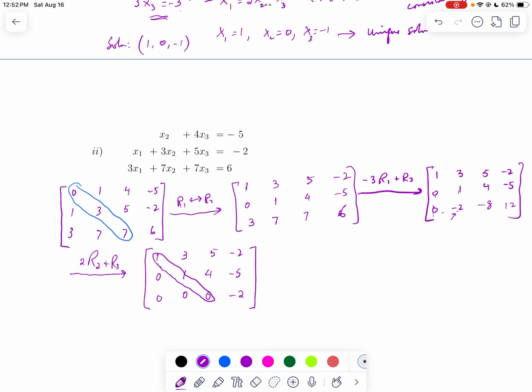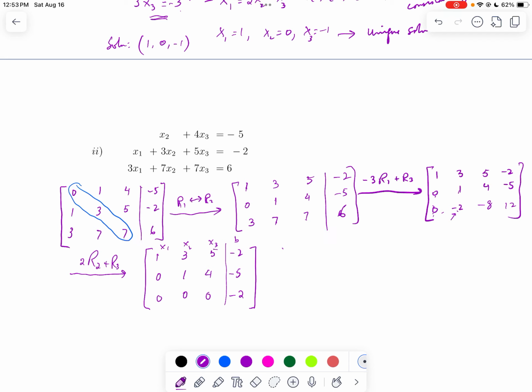Now we do the back substitution. For that we need to write the equation. So this gives me the equation. Remember, these are the coefficients of x1, x2, x3, and these are the values b. That's why some books have a vertical line here.